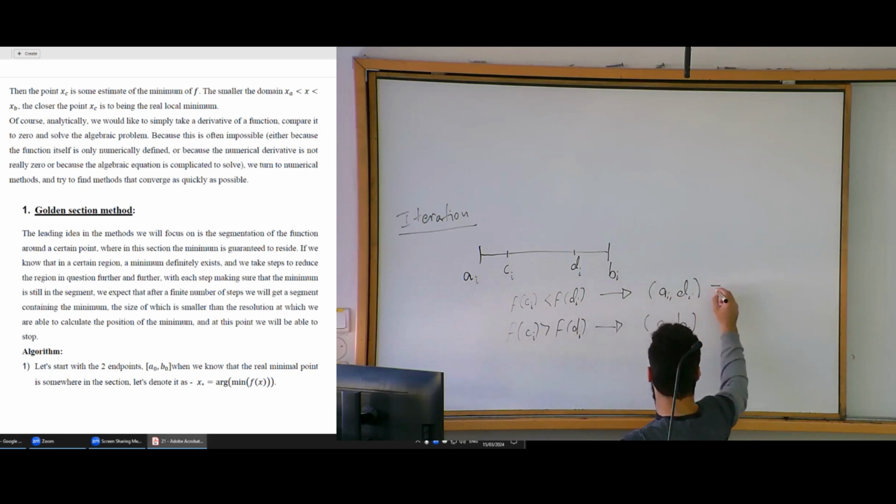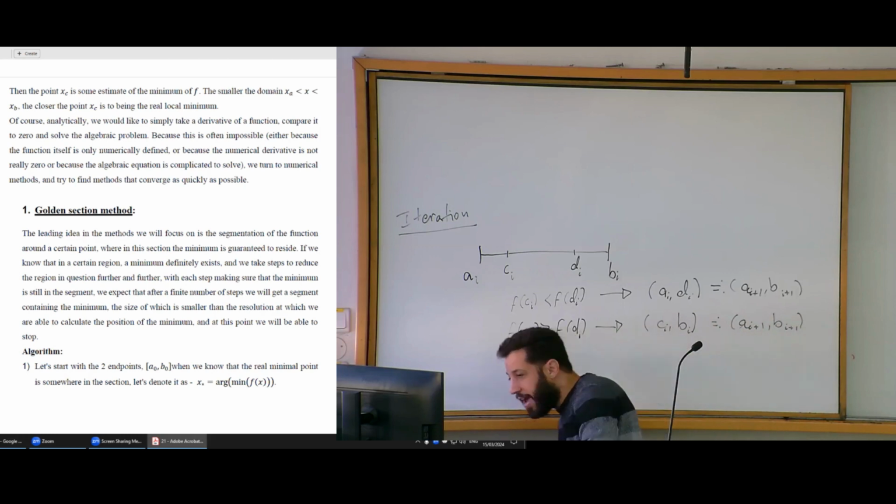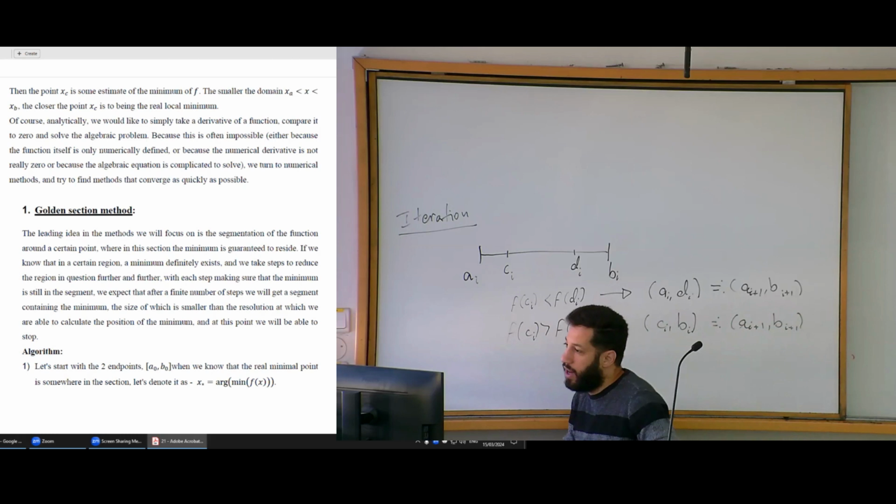And this will be the a_{i+1}, b_{i+1}. In each iteration, a_i, b_i is the interval that I start with.